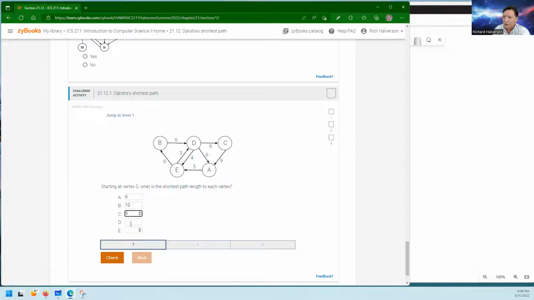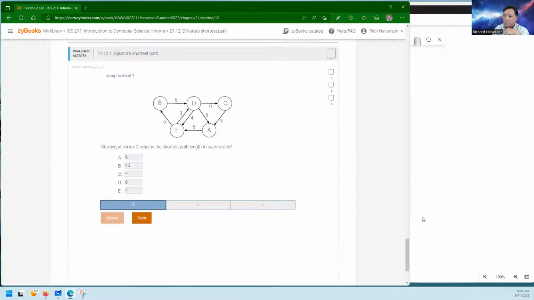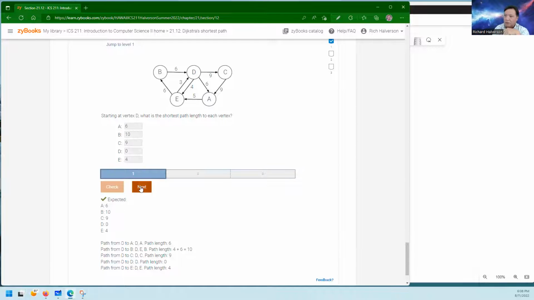From D to D is 0. And from D to E is 4. I think that's the shortest path for each one. There's no fancy way to get to 665. Okay, check. Very good. All right, what's next?